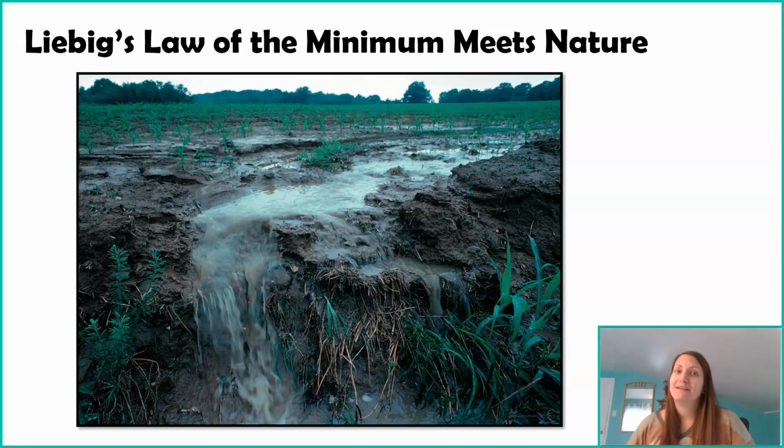The problem is that if it rains or there's any kind of water, if you're watering the field, for example, if the plant hasn't taken up that fertilizer, it's not really binding to the soil, so that fertilizer just washes off the field. Not so great for the farmer who probably spent a lot of time and money applying that fertilizer, but also not so great for the environment with this influx of nutrients.